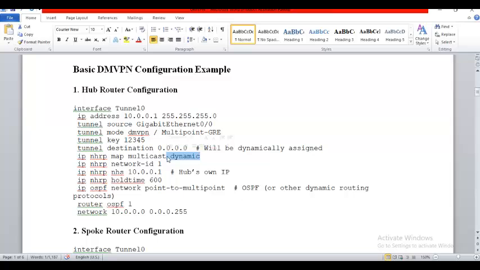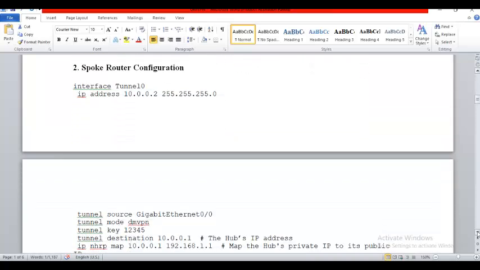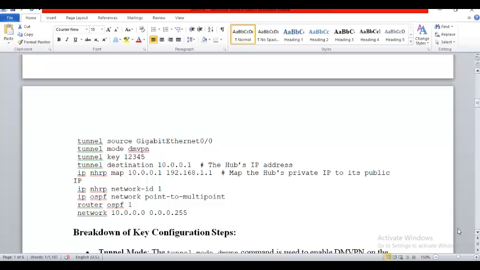Whereas on the spokes router configuration, if you see the same command, you see, when you say destination, all multicast, everything will go to that destination. This is the IP address of the hub router. All the multicast traffic will go to that address.